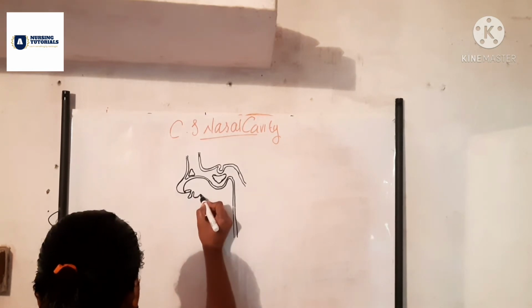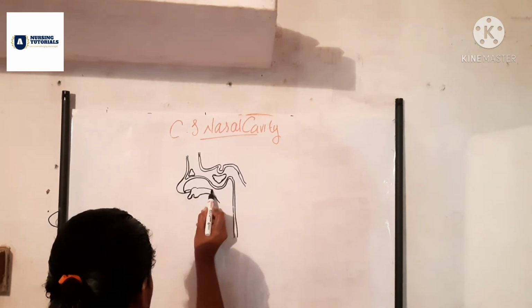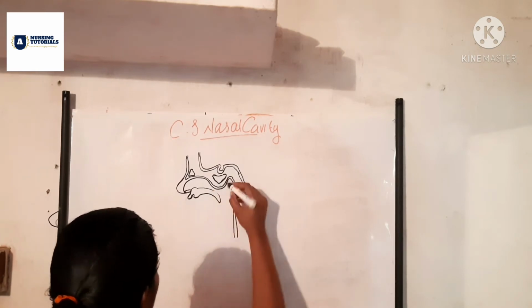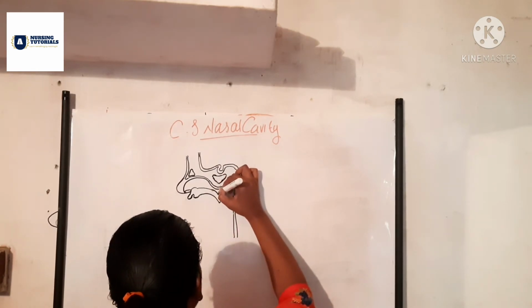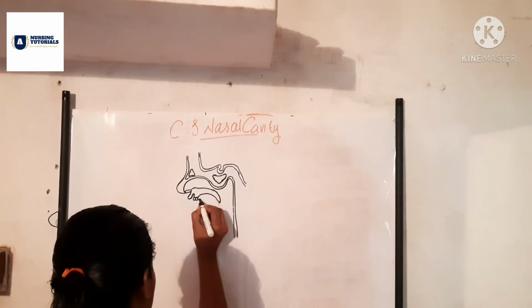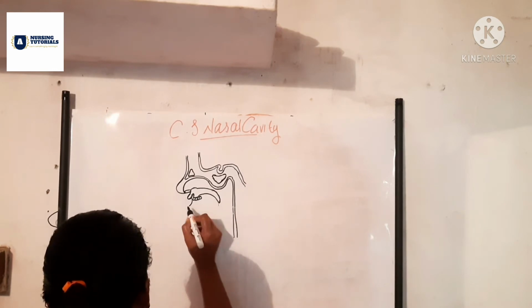And now we can draw the lips and the gum, and just above the palate we have to make a curve. On the gum, below that there are teeth. Under the gum there are teeth.